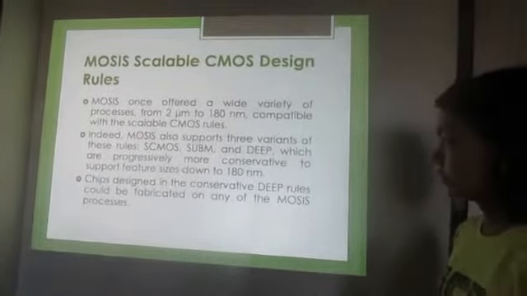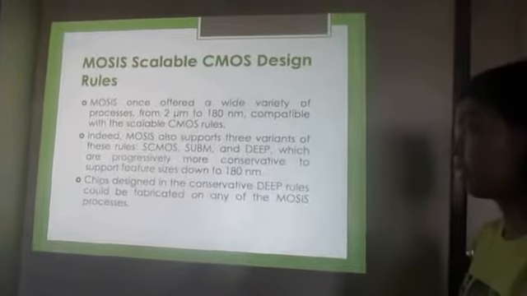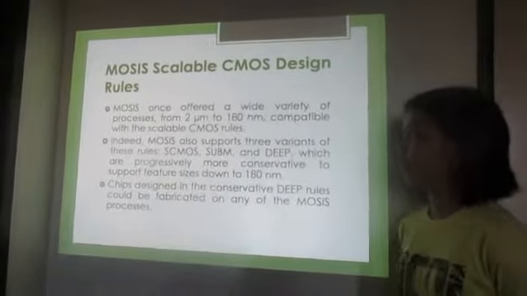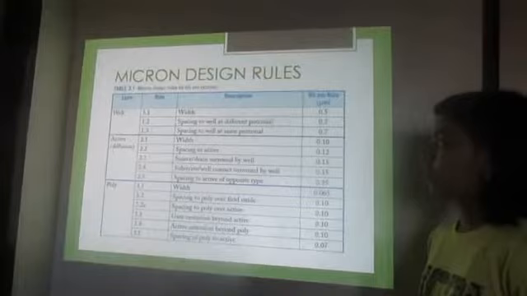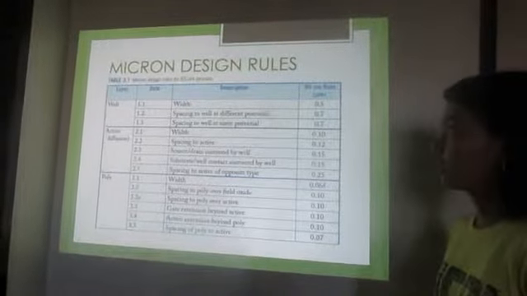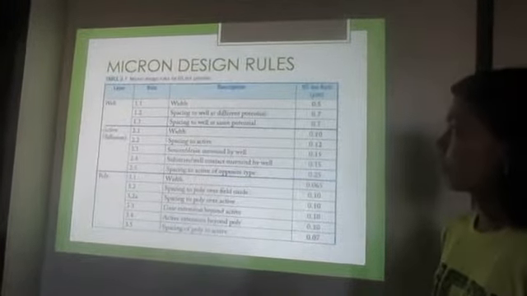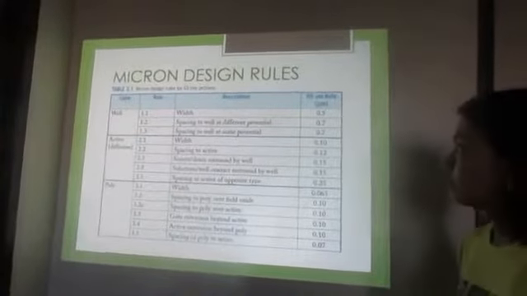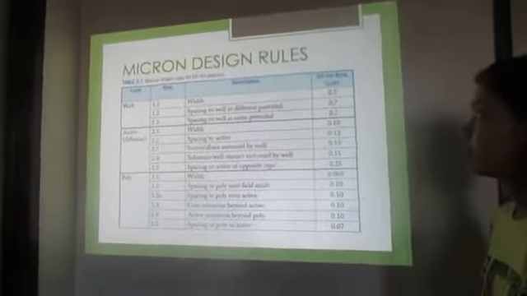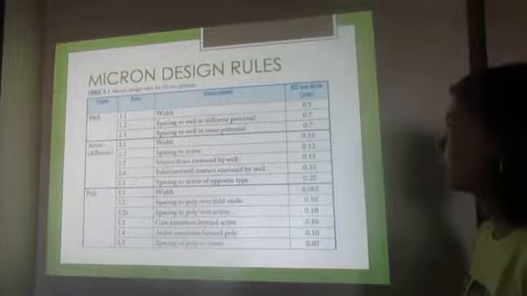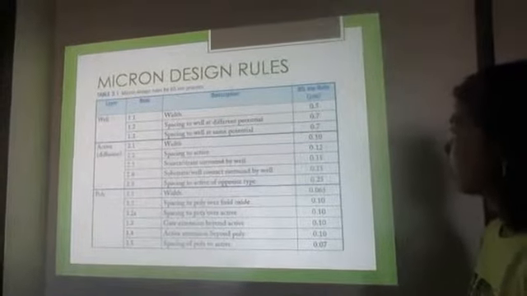Chips designed in the conservative DEEP rules could be fabricated on any of the MOSIS processes. The micron design rules. In the table, the hypothesis MOSIS scalable rule is the 65 nanometer rule.